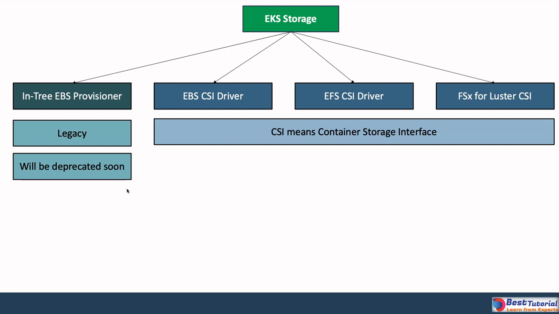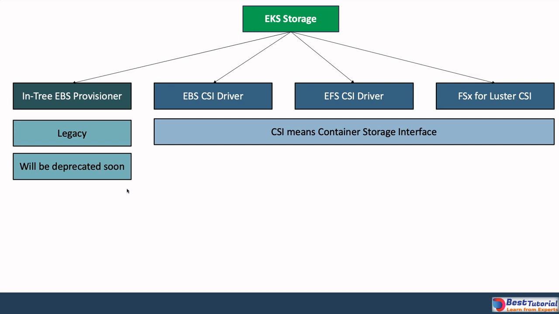CSI stands for Container Storage Interface. EBS, which is Elastic Block Store, is for persistent volumes, so we can use the EBS CSI driver. We also have Elastic File System, which is a fully managed file system by AWS. If we want to use it, we can use the EFS CSI driver. In addition, FSx for Lustre CSI will be available for Windows file systems and other things.